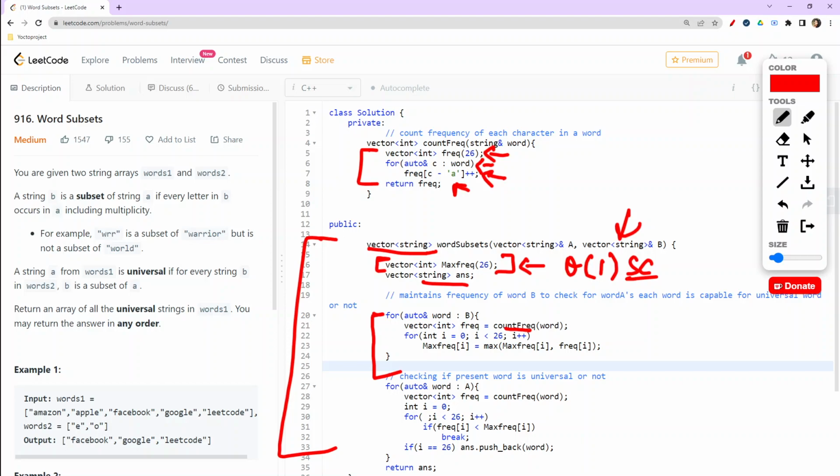And then we check the frequency at that particular moment, and which of them is greater. Whichever is greater, we'll update with the same. This is what we do because, see, if we are given this E or F, right?